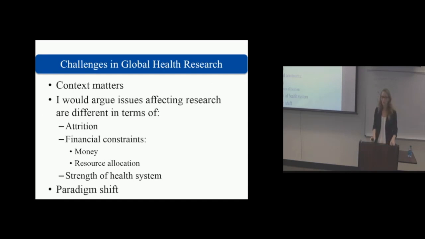And then I would also argue that issues affecting research are different in times of financial constraints, and that's not only in regard to individuals not having as much money or resources allocated, it's also countries that are limited in terms of resource allocation. And that's involved in the strength of the health system. Now here in the US, we're big right now on what we call a medical home. You heard that term?